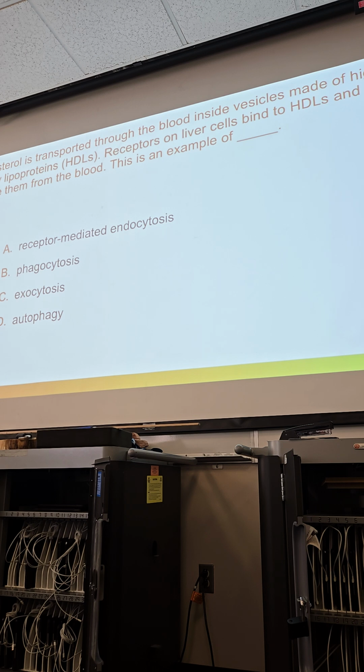Okay. Couple more seconds. All right, talk to your neighbor. Peptide receptor mediated endocytosis. If you're looking through all of them.